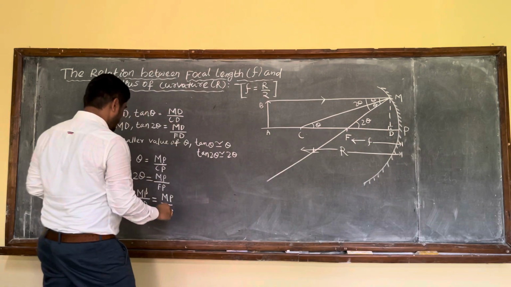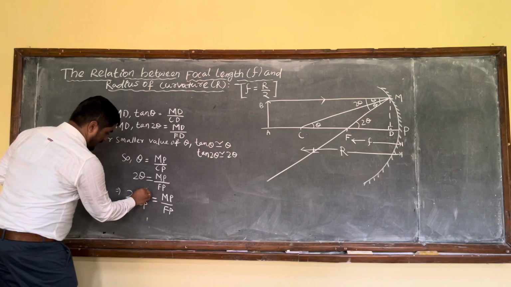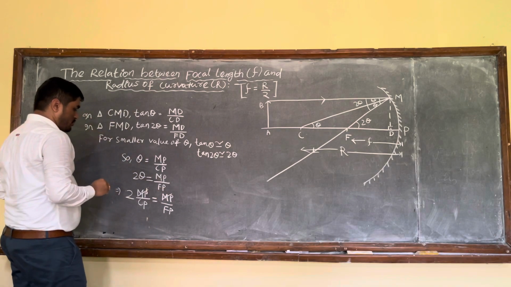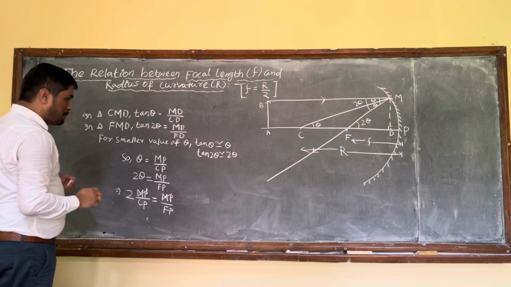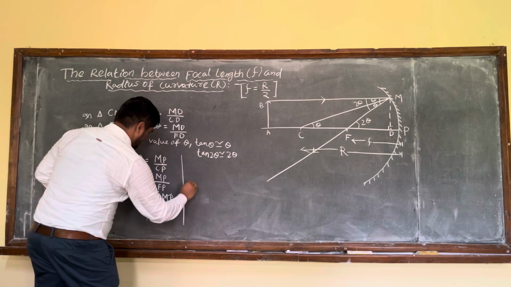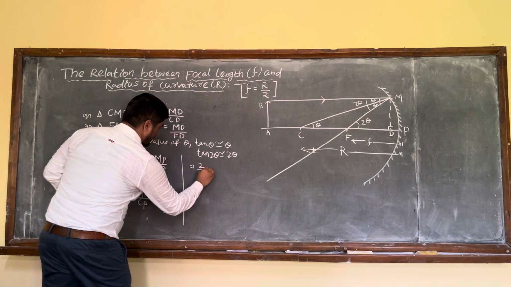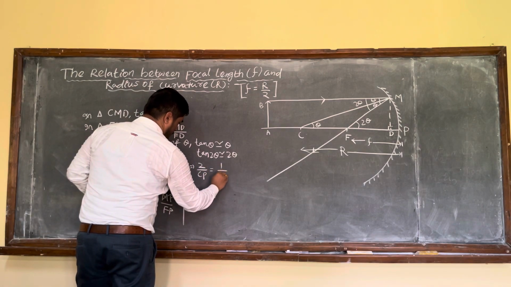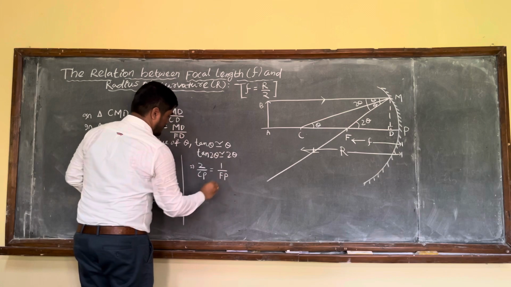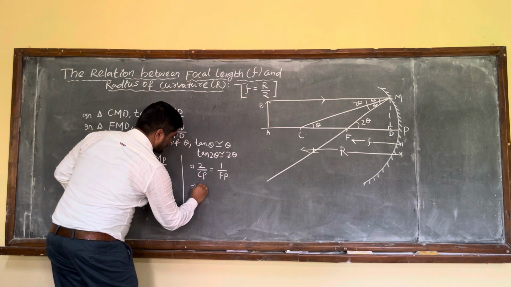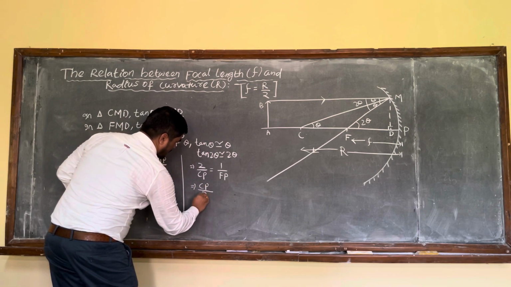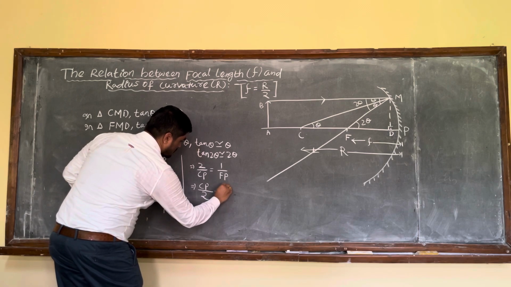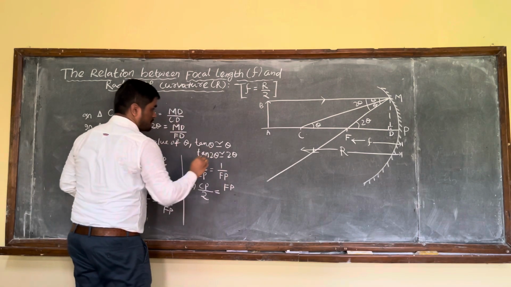MP is present on both sides, so you can cancel MP. It will remain 2 divided by CP equals 1 divided by FP. So CP divided by 2 will be equal to FP.